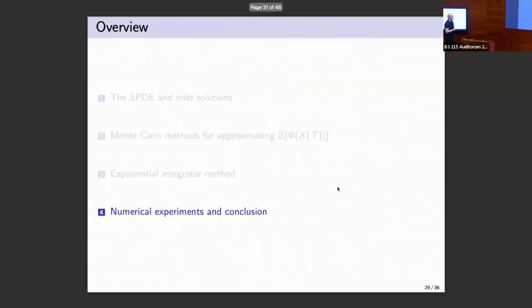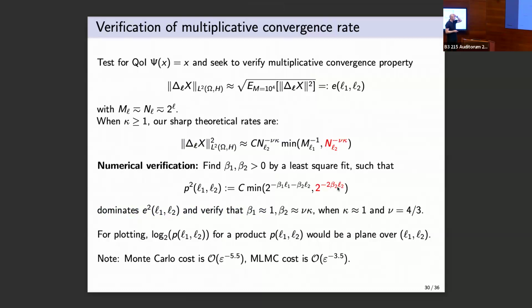Okay. So let me just end with some numerical experiments. First, I just want to verify numerically that we actually see multiplicative convergence rates. So we solve some SPDE on different resolution levels, and we look at the double difference.